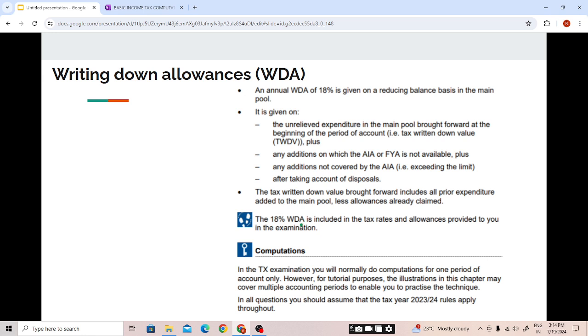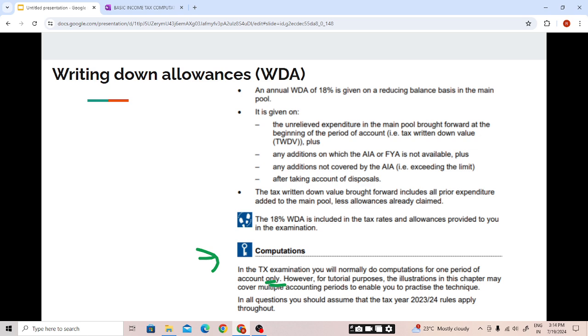The 18% WDA is included in the tax rates and allowances provided to you in the examination. So students, the percentage rate will be provided in the examination in the tax rate sheet. Now coming to computation. In the tax examination, you will normally do computation for one period of accounts only.